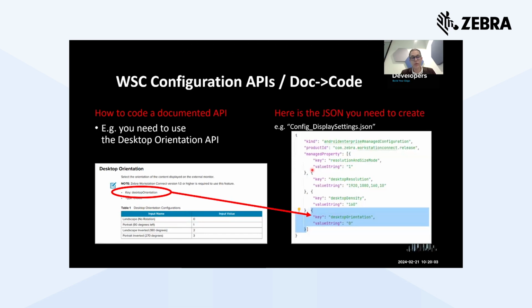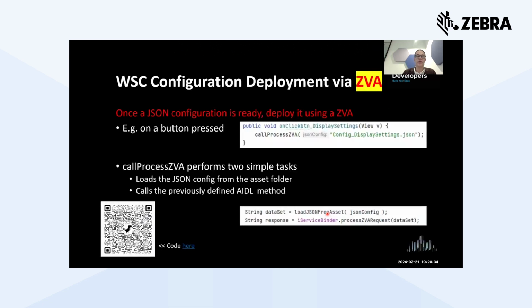And when we want to make a configuration related to the desktop orientation, we have to include a new key-value pair, specifically with the key, which holds the API name, and the value that we chose to send. For instance, 0, which means a landscape, no rotation, aspect ratio. This is part of a larger JSON file that will be sent to Workstation Connect for the final configuration.